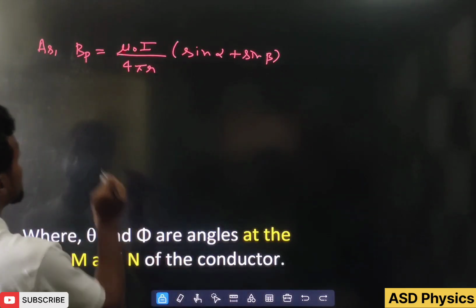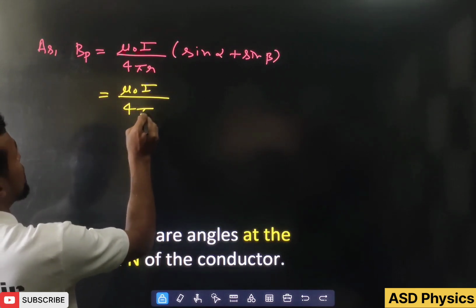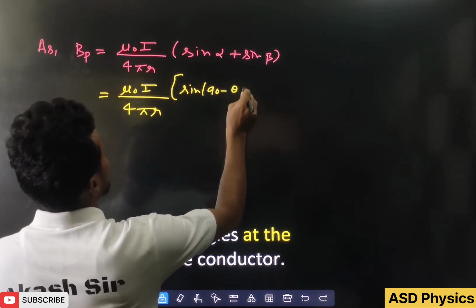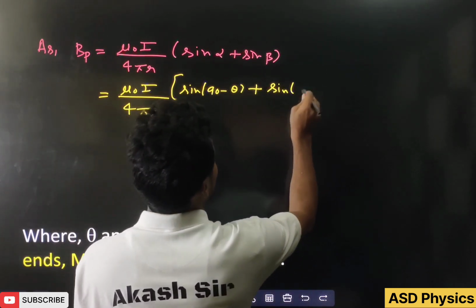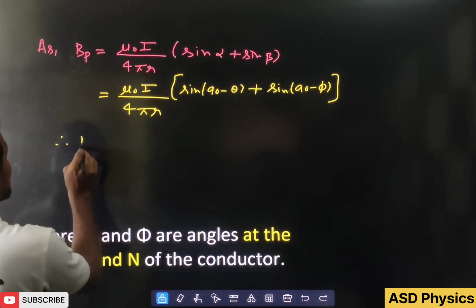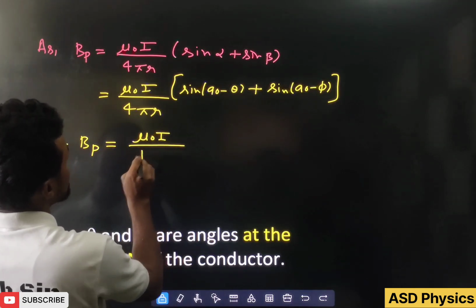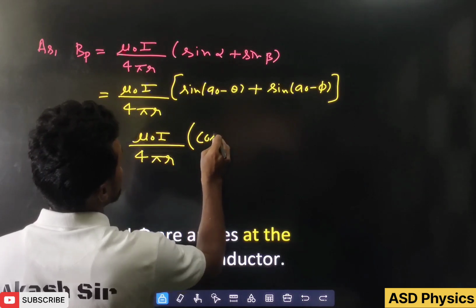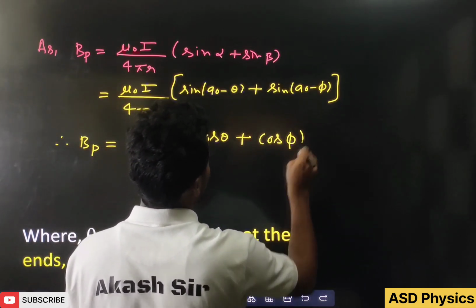And depending upon the situation, as I am telling you now, mu naught I by 4 pi r, and here alpha is 90 minus theta, and beta is 90 minus phi, is it? So after that, this magnetic field at point P in another form is given by mu naught I by 4 pi r, and you know sine of 90 minus theta means cos theta, and sine of 90 minus phi means cos phi.